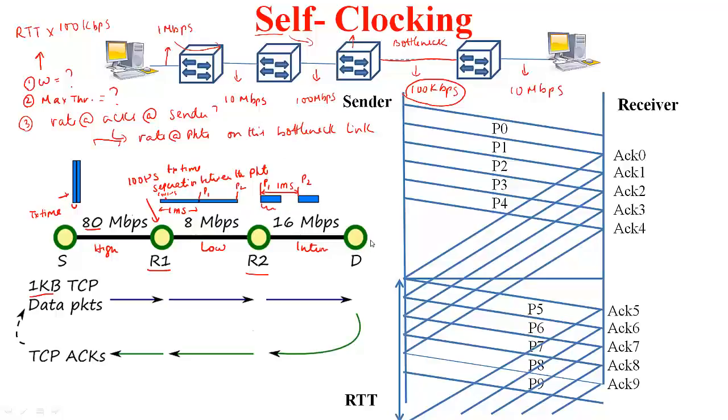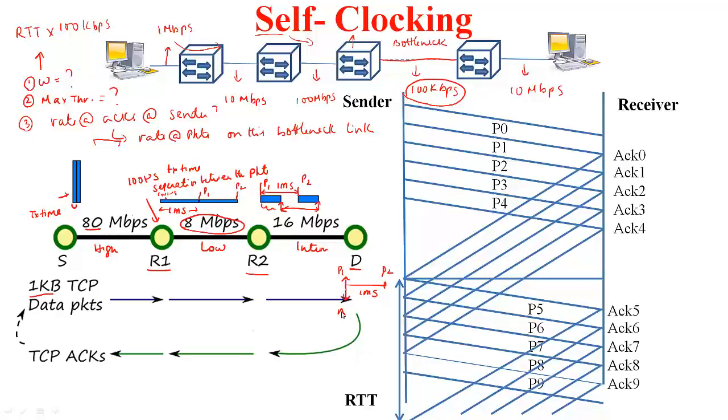Now, if you look from the perspective of this destination D, the first packet it received here and the second packet it received here, this spacing will be the same as this spacing, which in turn is dictated by the transmission time of this bottleneck bandwidth. Now suppose D were to generate acknowledgements immediately as soon as it received the packet. This is where it received P1, this is where it received P2, and this is the 1 millisecond which is dictated by this 8 Mbps.